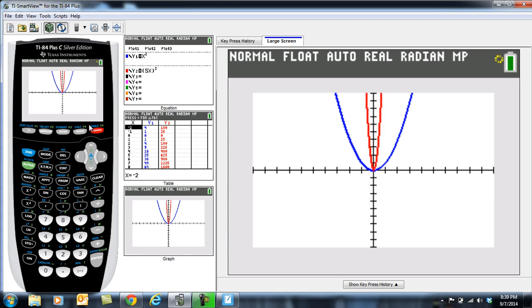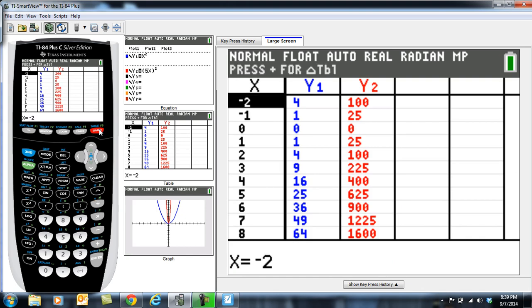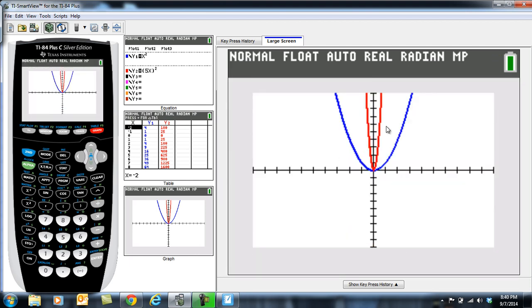just like before, when I did 5 times x, it got skinnier. My parabola is now narrower. But if you will go to the second graph and look at your values, these did get further and further away from the x-axis. And so just like before, they were getting further away from the x-axis, but when you look at my graph, what I did is I took these points and I squished them closer and closer to the y-axis.